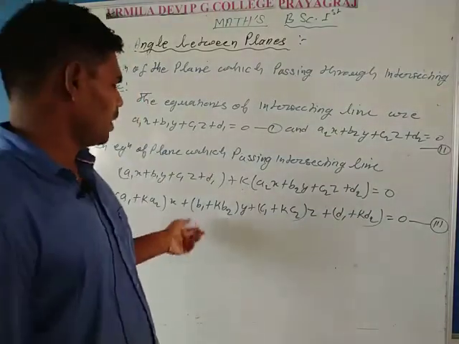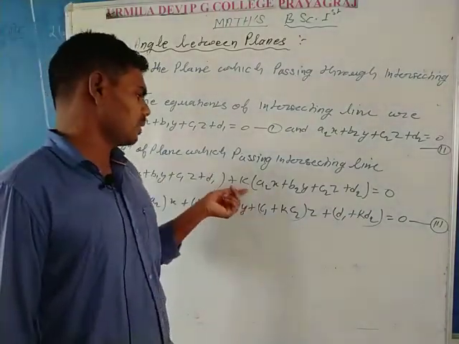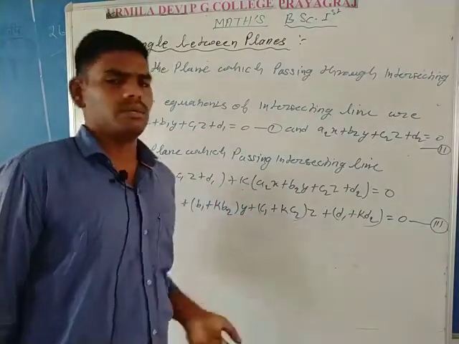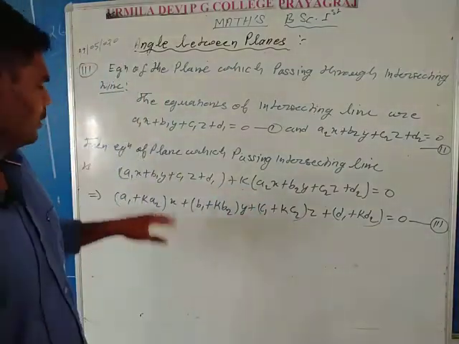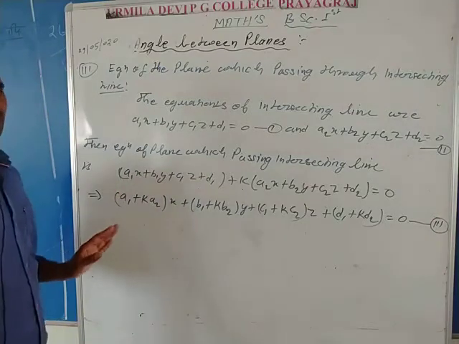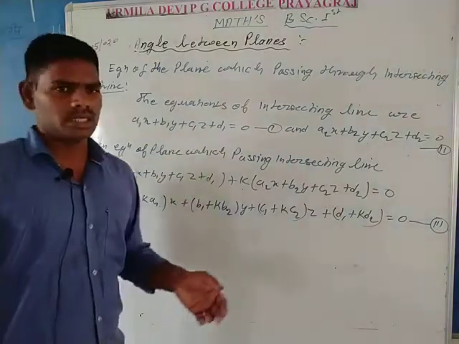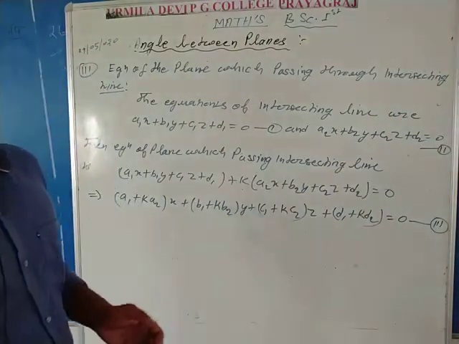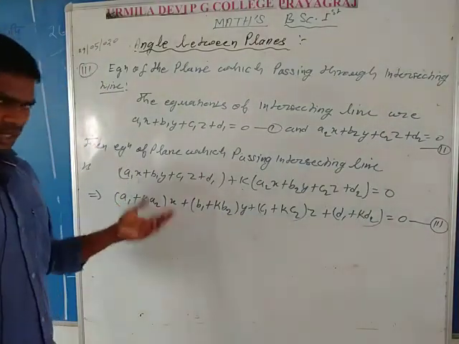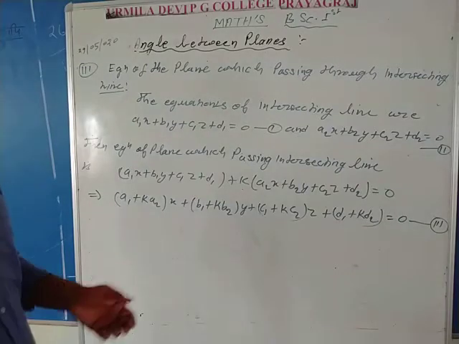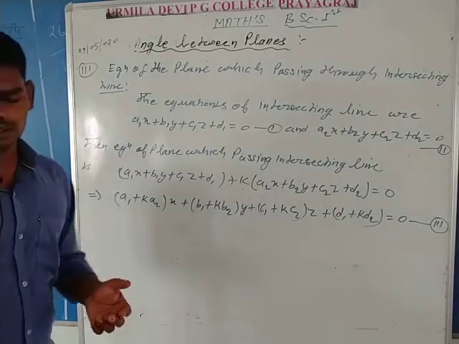After finding k, put its value in equation third, and after simplification you can find the complete equation of the plane which passes through the given intersecting line. So I want to consider some questions which depend on this article.